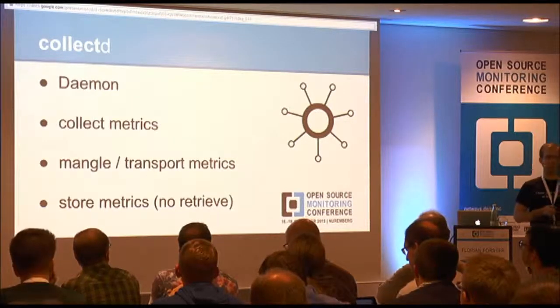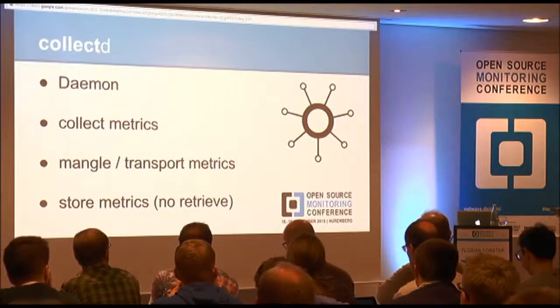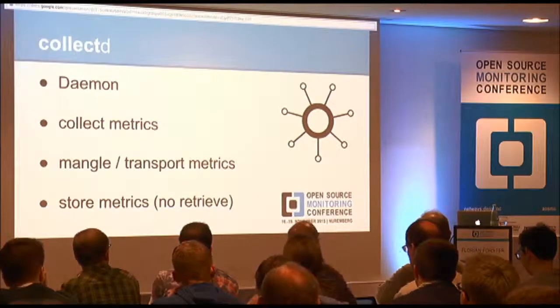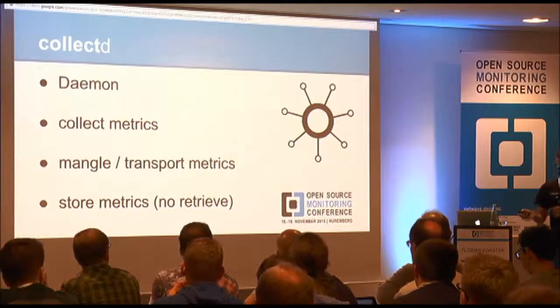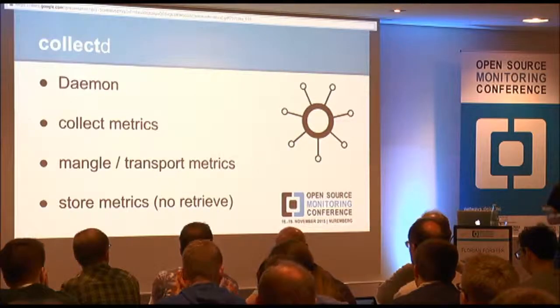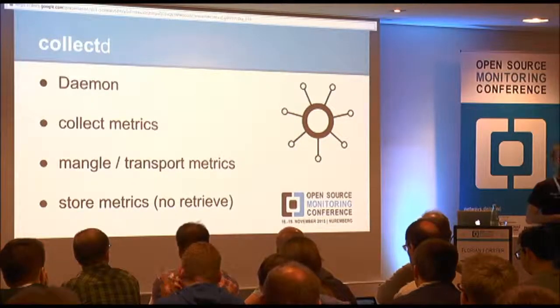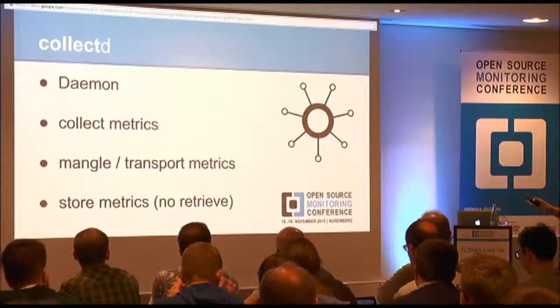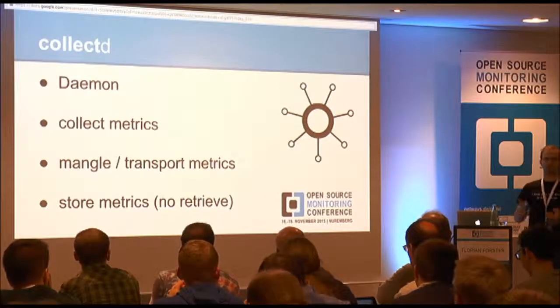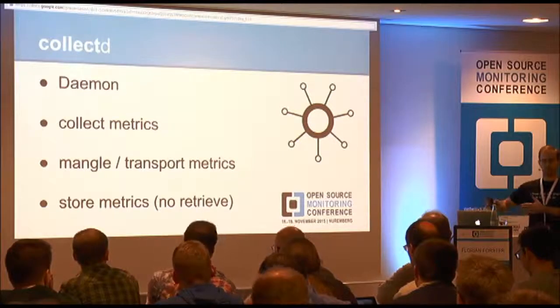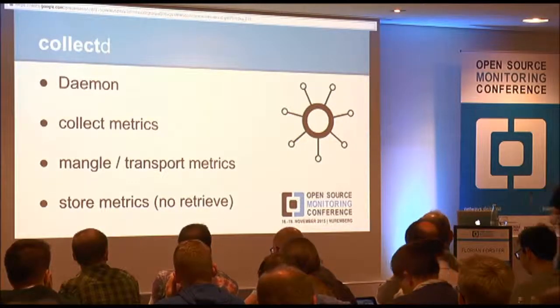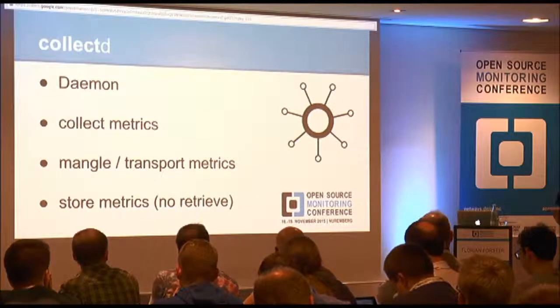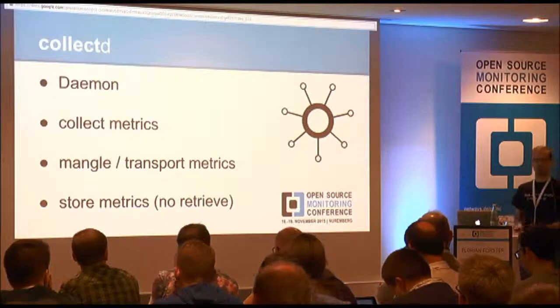Collectd is a daemon that collects system and application level metrics. It has facilities to change these metrics, mangle them in a way, and then transport them to a central server, and at the end of this process, store it somewhere. It doesn't usually read metrics from a database and do stuff with it. That is left to other tools.